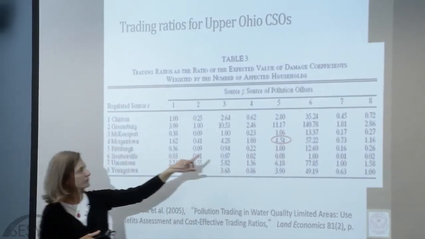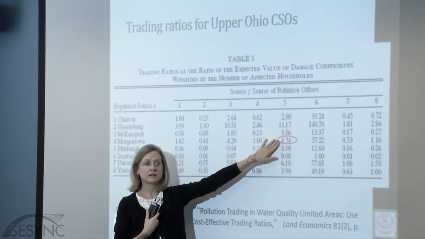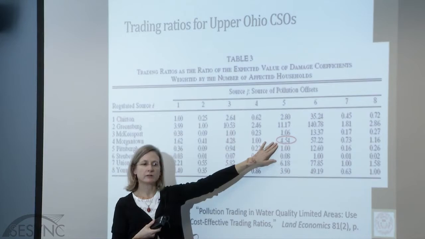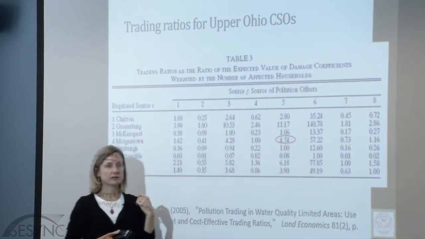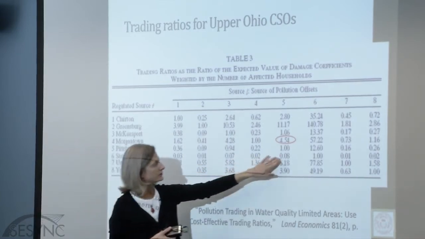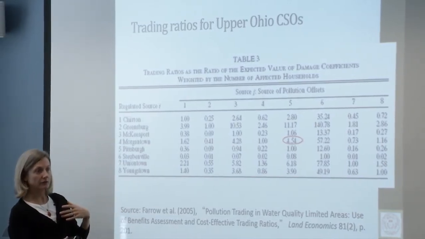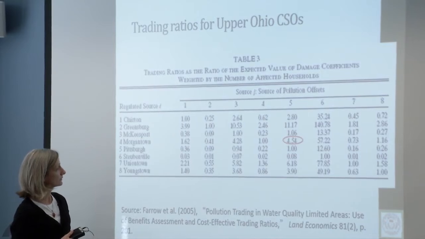So if Morgantown wants to offset 1 ton of its emissions reduction responsibility by purchasing permits from Pittsburgh, it has to buy 4.5 tons for every ton that it wants to reduce of its own responsibility. Okay, and so you can read each of these numbers like that, right? If they're smaller, then it goes the other way. They can buy less than 1 ton of emissions from another setting rather than reduce it themselves.